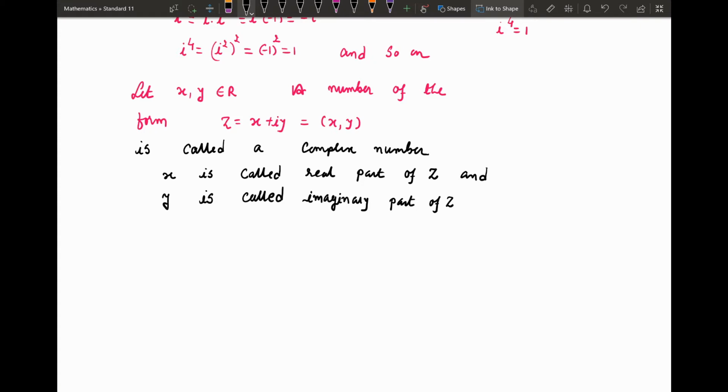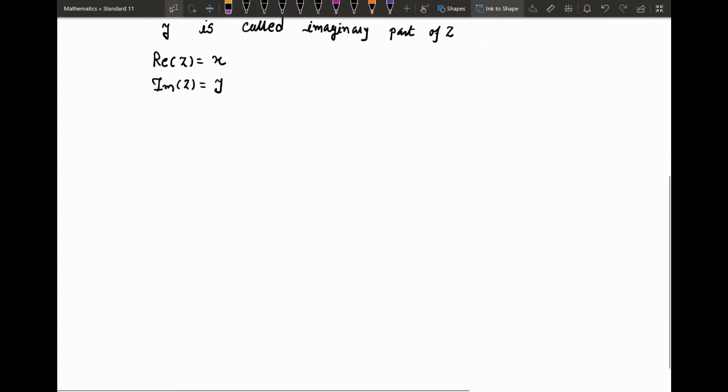Symbolically, we denote the real part of z equal to x, and the coefficient of i, that is y, is called the imaginary part of z. So what is the real part and what is the imaginary part?